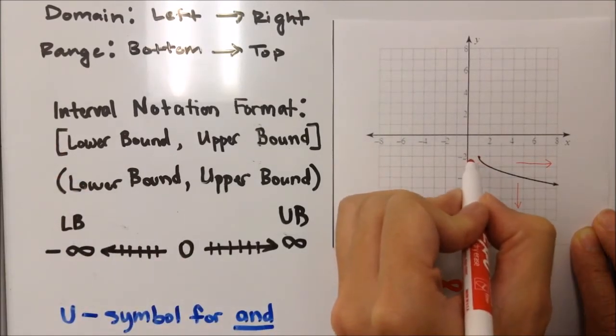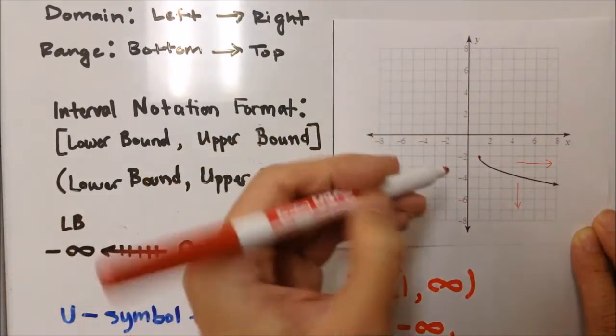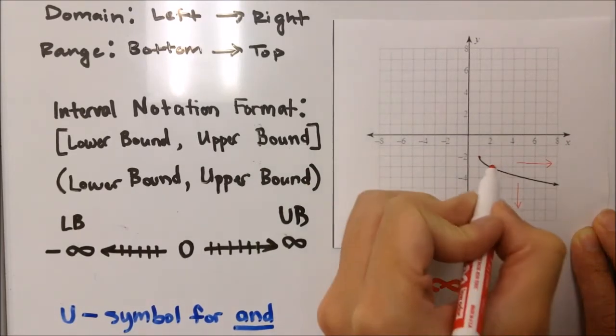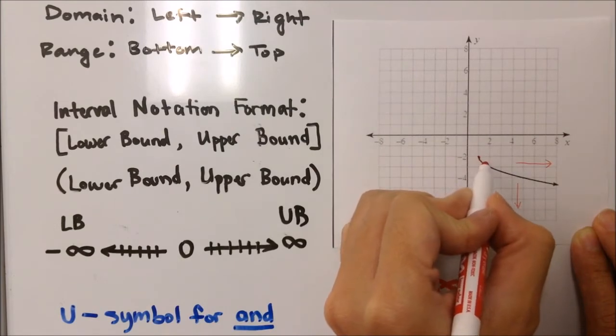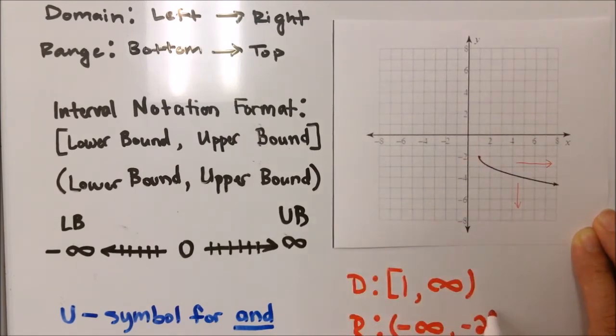And then here, this is where it ends in terms of range, so -2. So negative infinity, parenthesis. And then you can see that the graph hits the intersection right here at -2, so I'm going to use a bracket. So your domain of this function is 1 to infinity, and your range is negative infinity to -2.